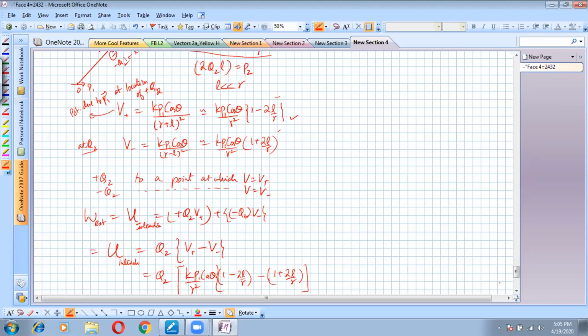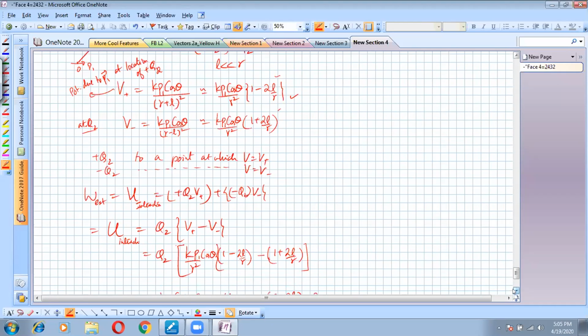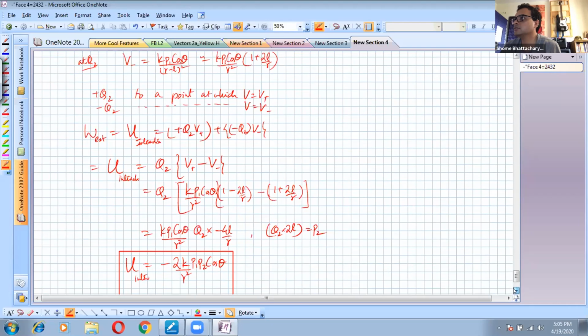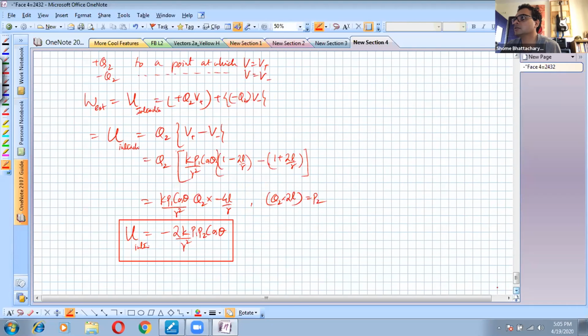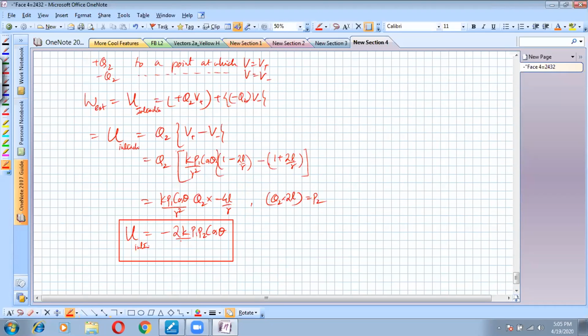Right, Arman, beta, this part is clear so far? Yes, sir. So I'm just bringing you to the final answer. Okay, like this. My mistake. This should be R cube here in the denominator.